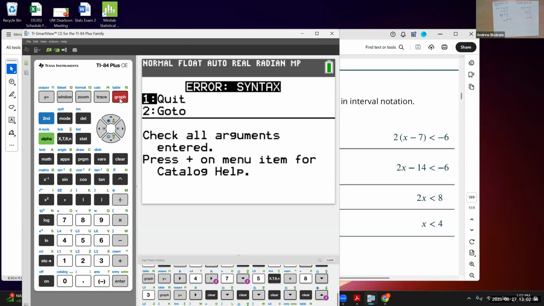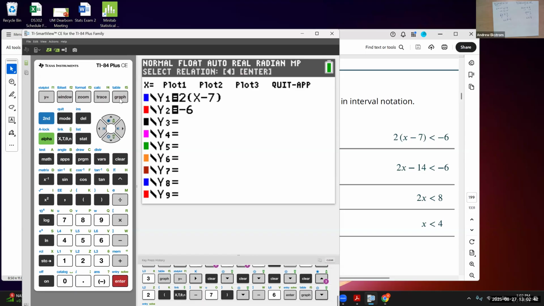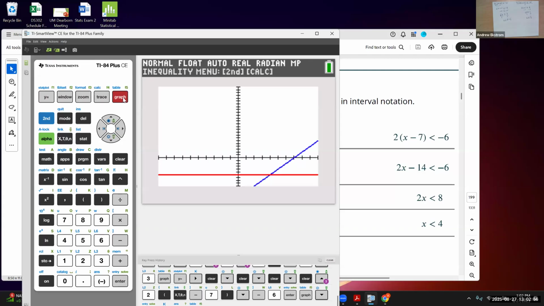It doesn't know what's going on. It says it doesn't understand basically that entire line. So what I have to do here is I have to use the negate. So now that I've got negate 6, graph that. There we go.